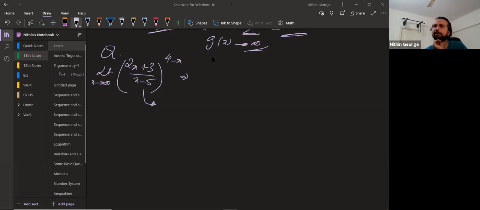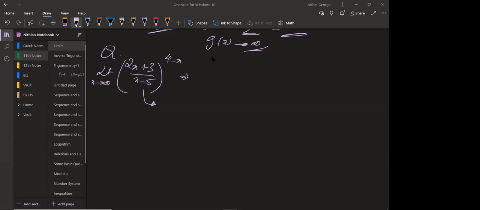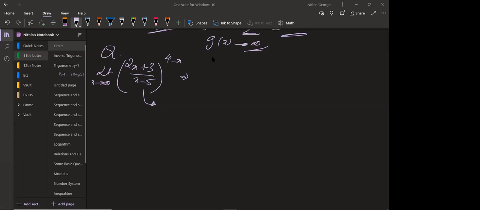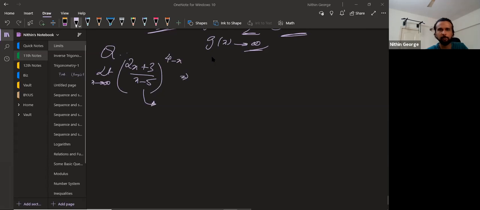Inside the bracket, the value tends to 2, and on top, the exponent tends to minus infinity. You have something tending to 2 and something tending to minus infinity.